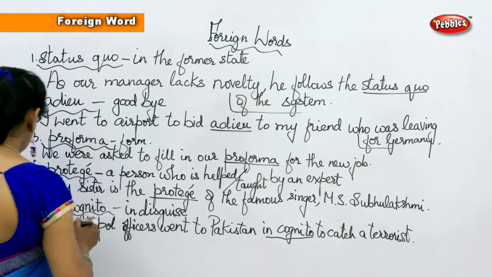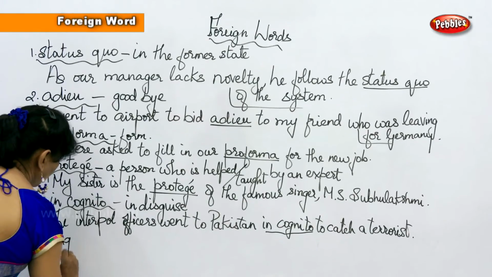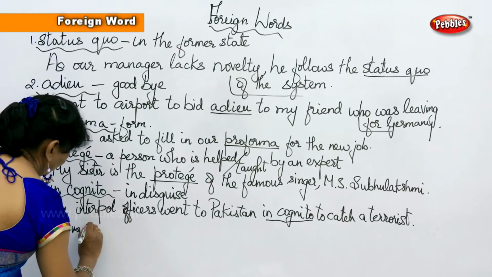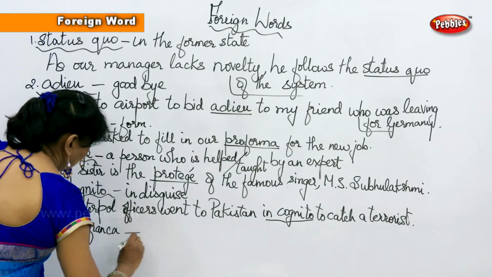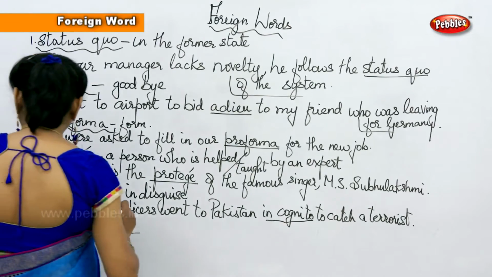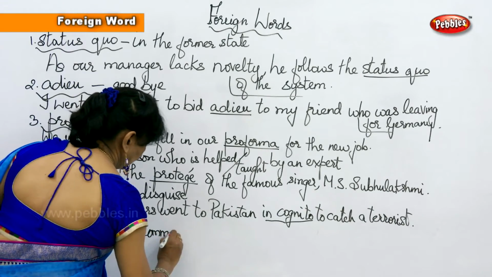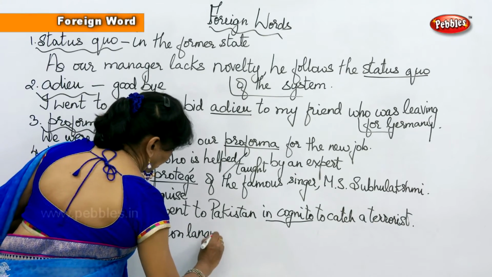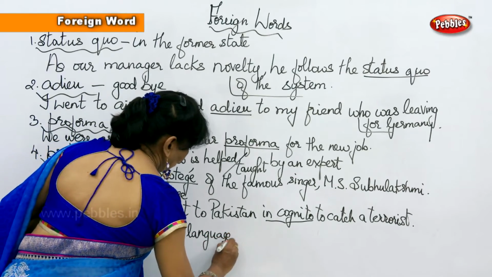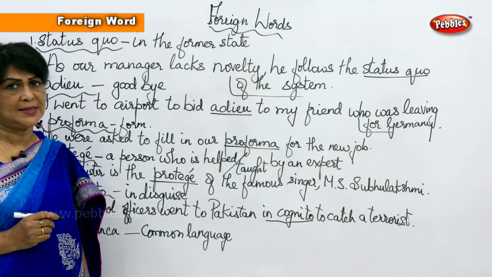Next one, lingua franca. This also is a very common term. Lingua franca is a language commonly used. Lingua franca, common language. Okay. What is the lingua franca of the people in US?